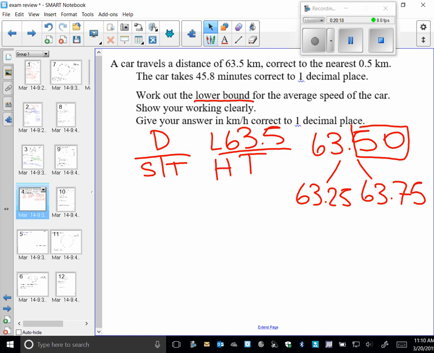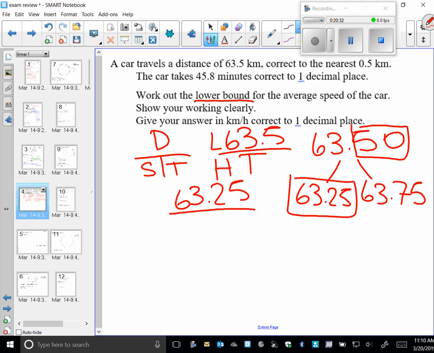Thank you, Brianna. So then we go and we use this one to get the lower bound, so 63.25. And as Casey points out, should I do that first? I would personally find the higher bound first and then change that. So we will take this 45.8. Is this the 10?